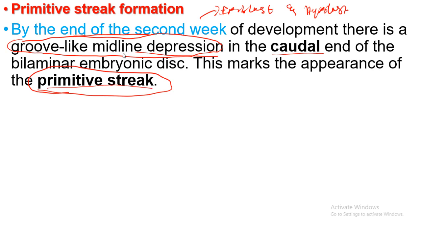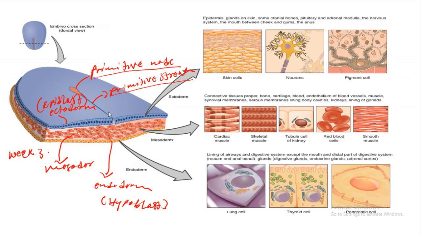So the groove-like structure which is existing in week 2 is leading to the formation of the primitive streak. And then we need to understand that this primitive streak, which I've already shown on this diagram, will normally start deepening. This deepening will start taking place during week 3, and it will lead to the formation of the primitive node, which is somewhere there.